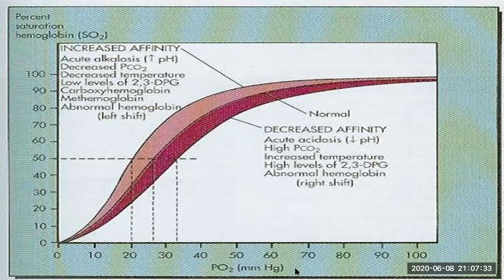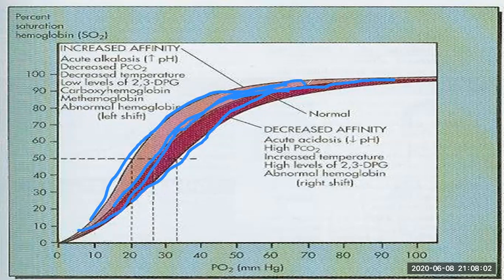There are three different graphs: one above, one in between, and one lower. The one in between is the ideal graph, showing the ideal binding affinity between oxygen and hemoglobin, and it forms the sigmoid shape curve.